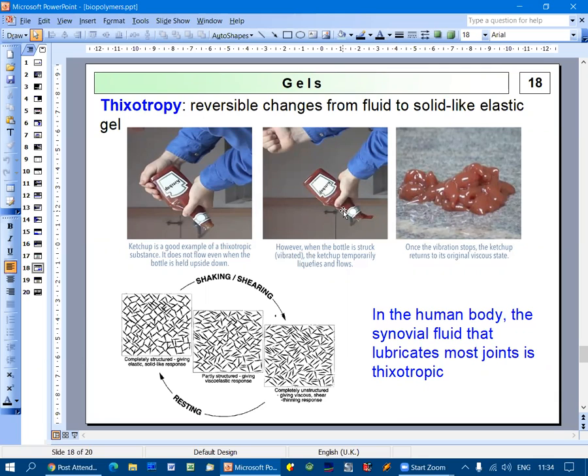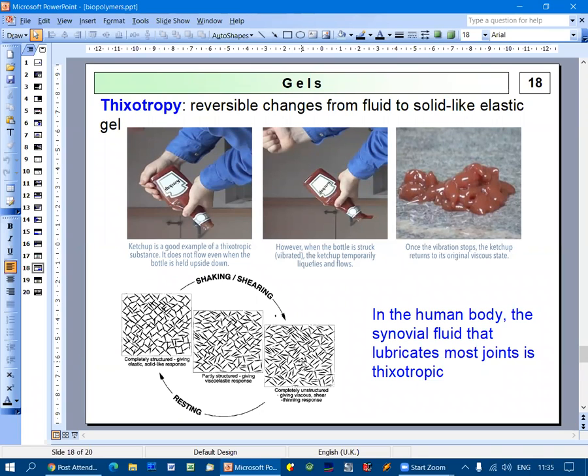But after a while, molecules of solid phase will form this structure again, and this gel will turn into its initial state again. These thixotropic transformations can be repeated many times.